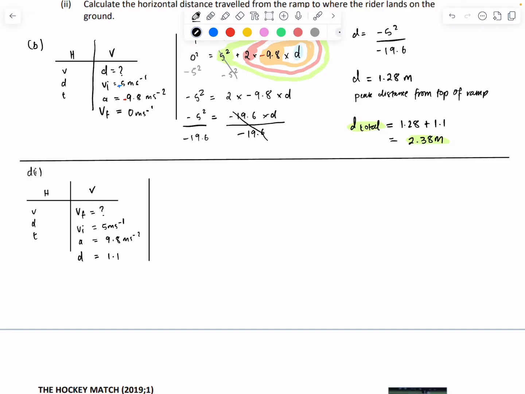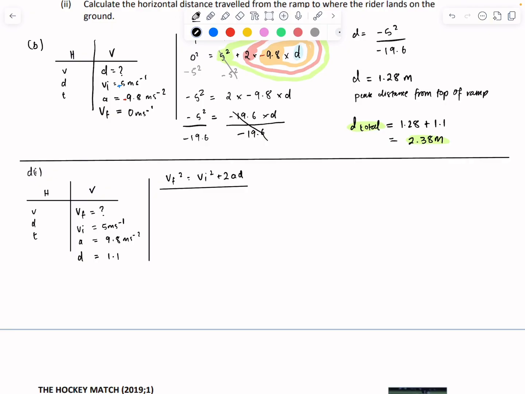And so now we can pick our kinematics equation. I'm going to pick VF squared equals VI squared plus 2AD. That's the one that I'm going to pick because it involves all of the variables on my table on the vertical side.